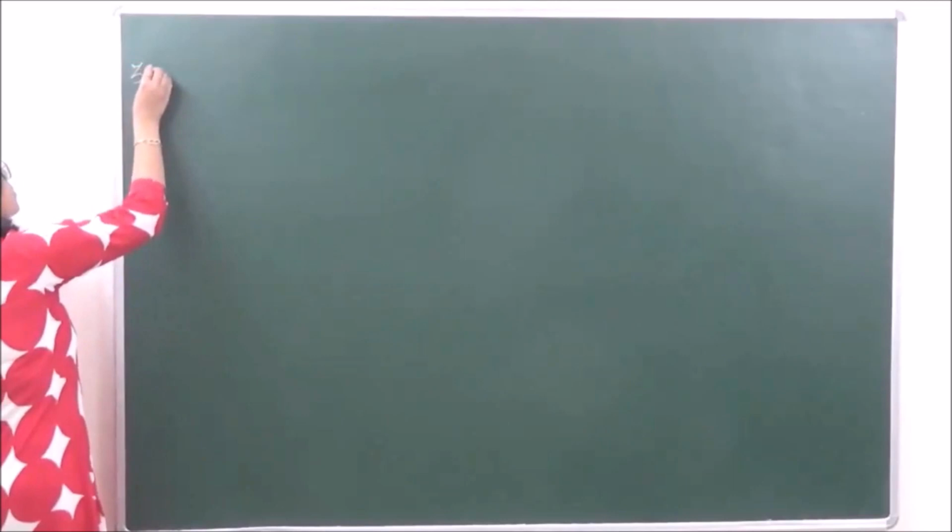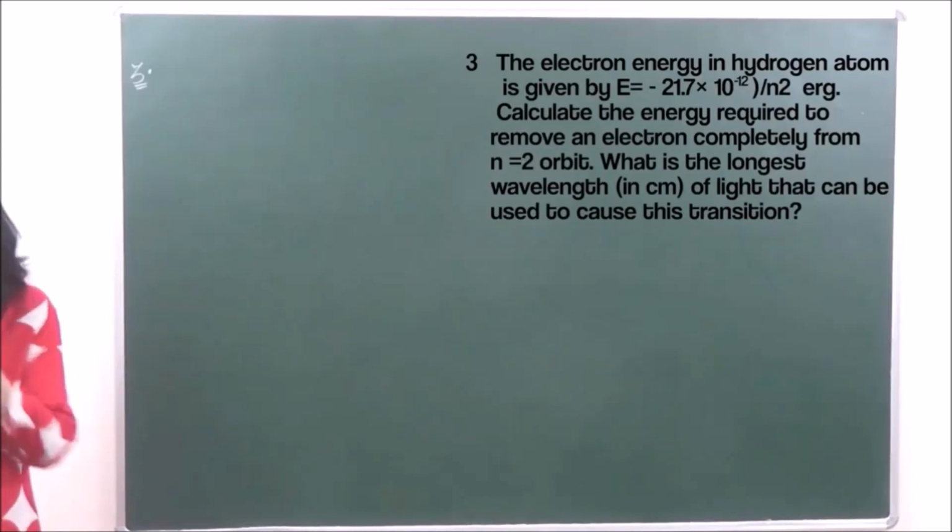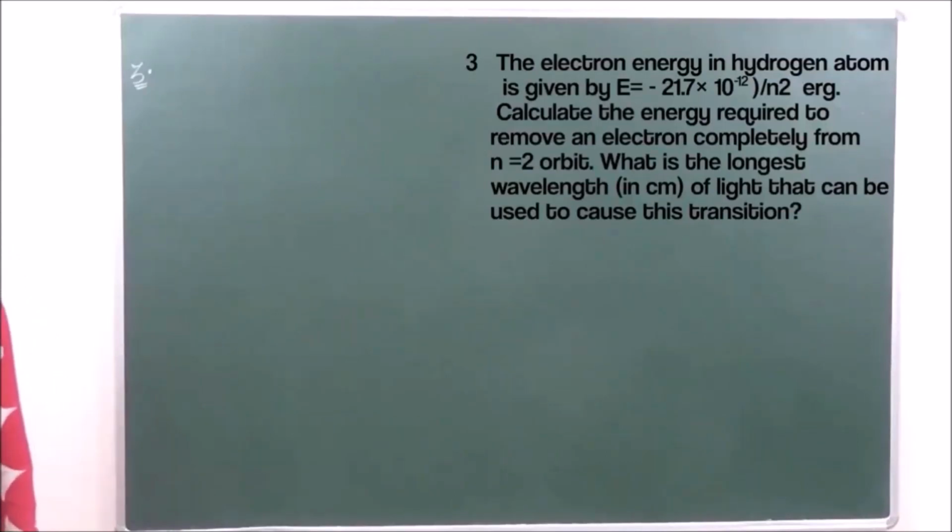Question number 3. What is question number 3? The electron energy in hydrogen atom is given by E is equal to minus 21.7 into 10 raised to the power minus 12 upon n square erg. Calculate the energy required to remove an electron completely from n is equal to 2 orbit.